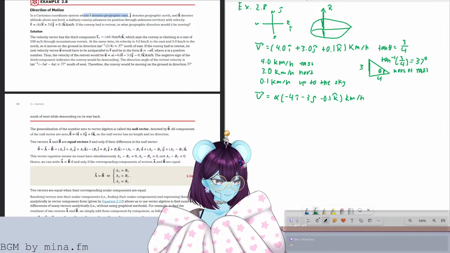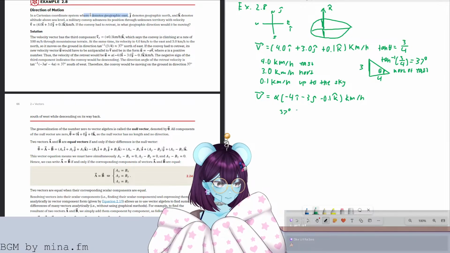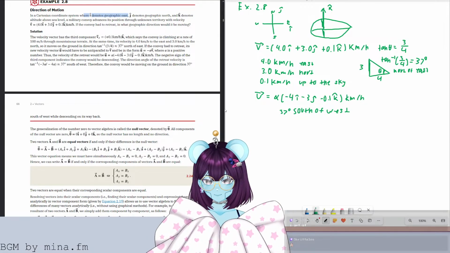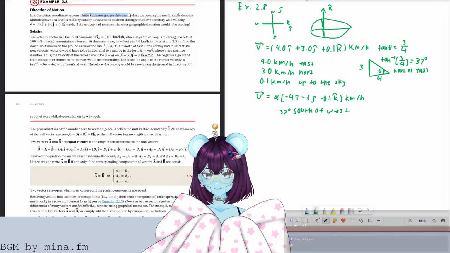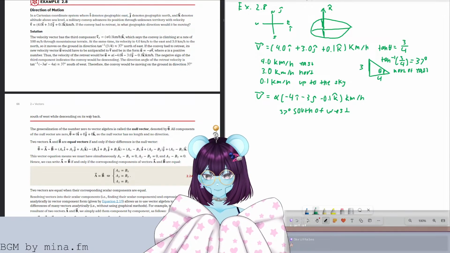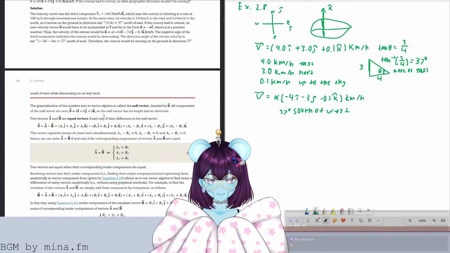So we got 37, so the opposite of north is south, and then west, because the opposite of east is west. Therefore, the convoy will be moving on the ground in the direction of 37 south of west while descending on its way back.